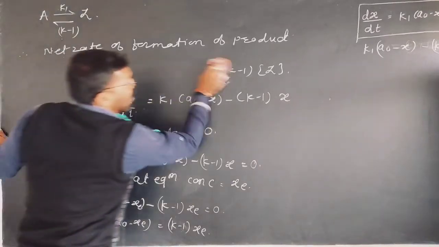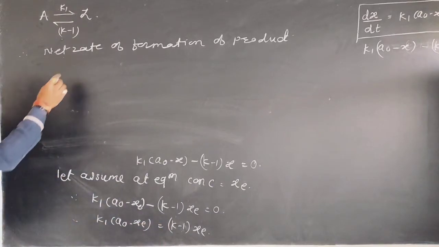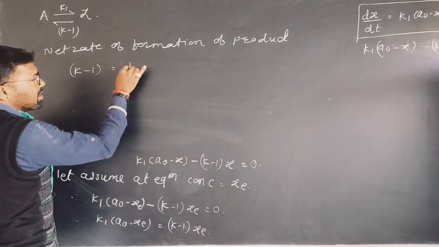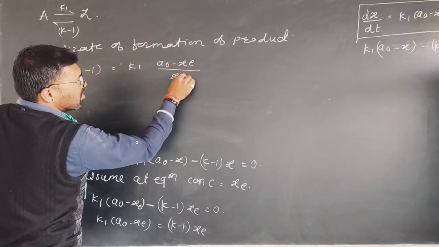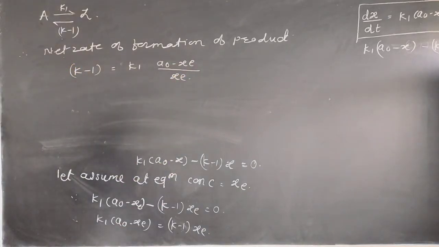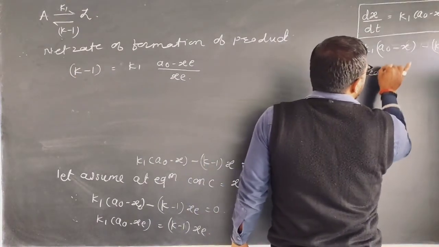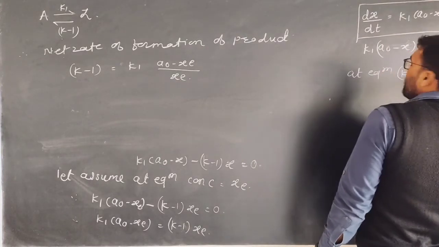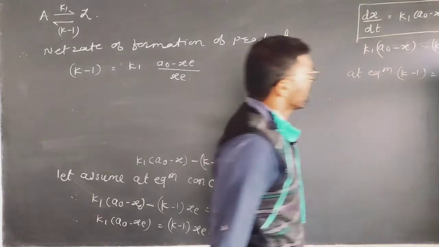By using this I can calculate the value of the rate constant k-1. Therefore k-1 is equal to k1 into (a0 minus xe) upon xe. So at equilibrium I get the third equation: k-1 is equal to k1 into (a0 minus xe) upon xe.